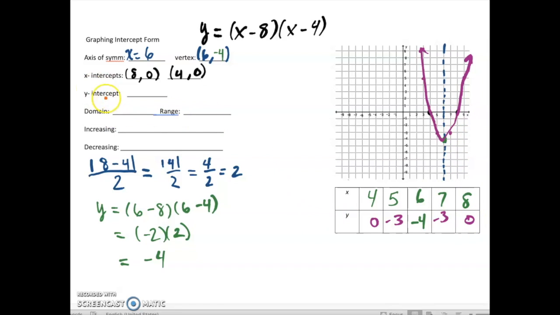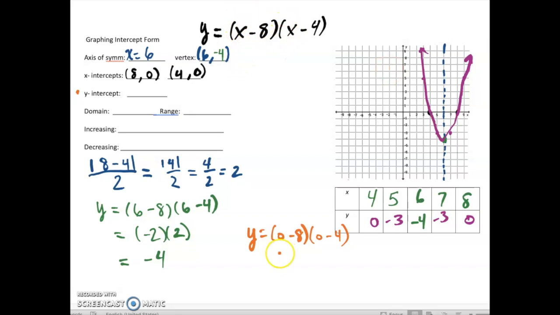Next thing I'm going to do is try to find my y-intercept. I can't really see it right now, but I know it's there. So this is what we'll do. We'll go ahead and plug in. Y is equal to (0 minus 8)(0 minus 4), because any y-intercept is going to have an x value of 0. So if my x value is 0, that's what I'm going to plug in.